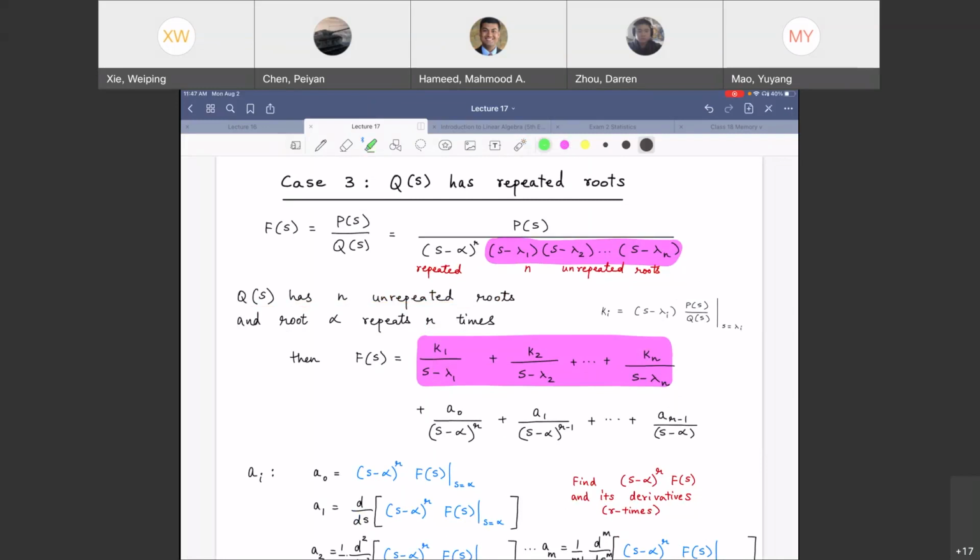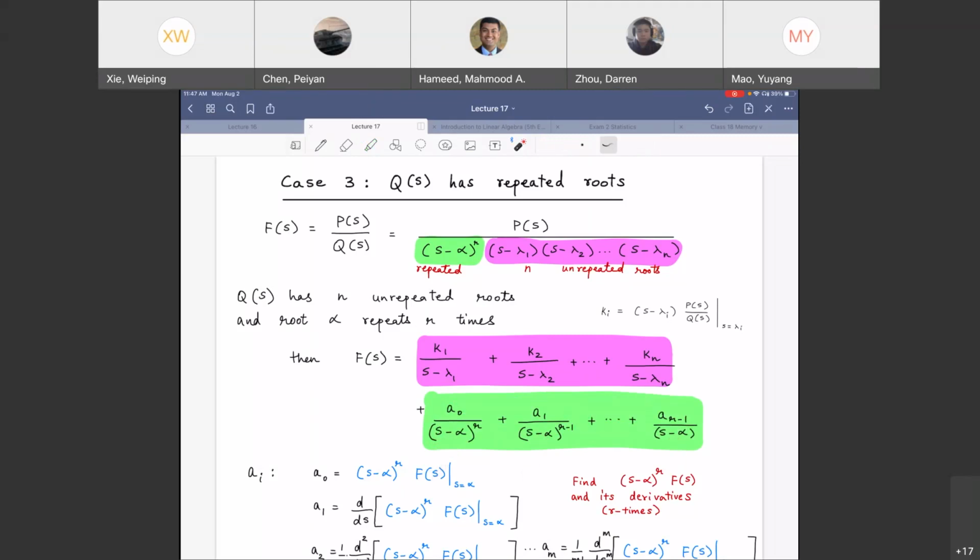But when you have this S minus alpha raised to R, so R repeated roots, you deal with them this way. You have all the powers of alpha. You will need S minus alpha all the way to S minus alpha raised to R. And you've seen this, like usually you see it for a square, right? S minus alpha squared. You have S minus alpha, then you have S minus alpha squared as well. Both of the terms will be there.